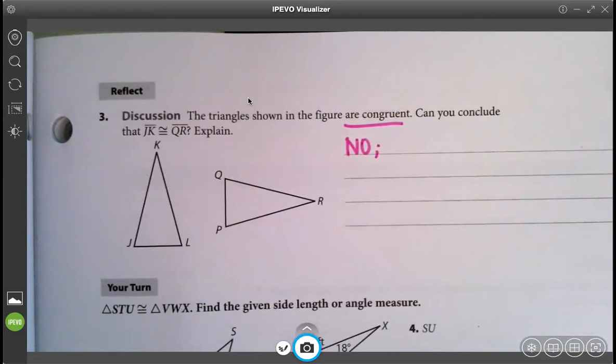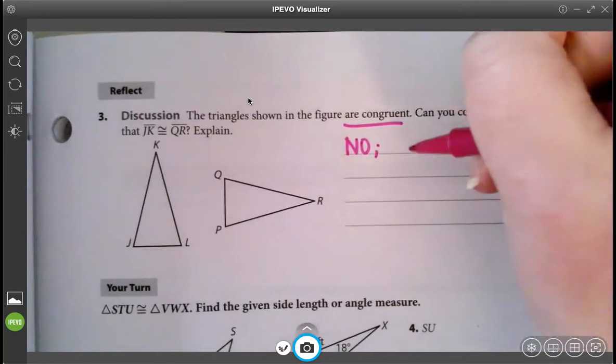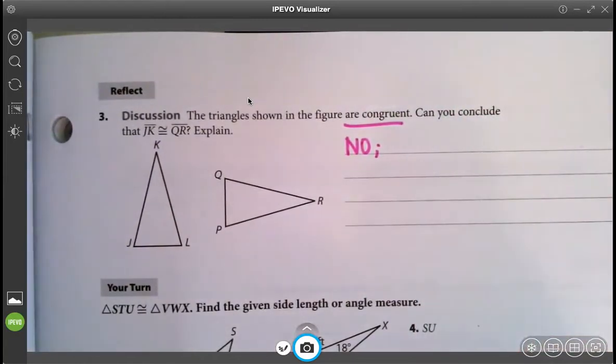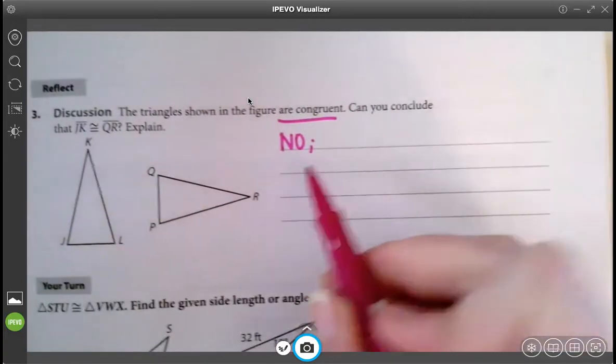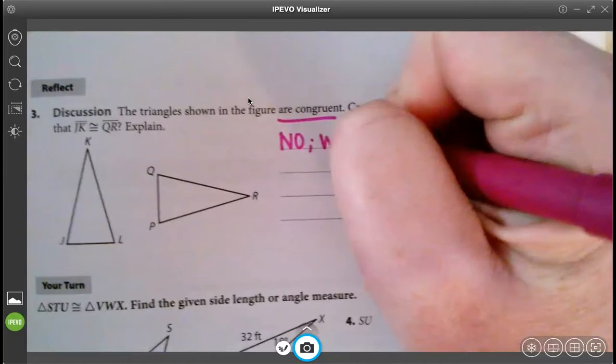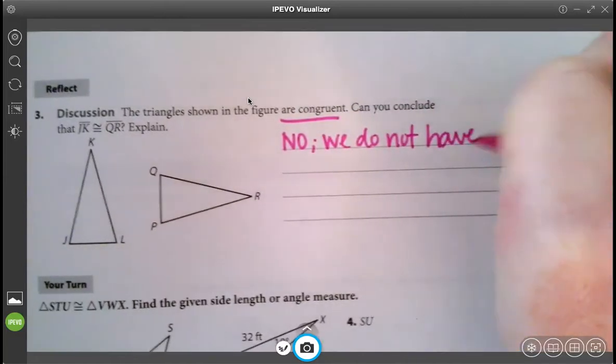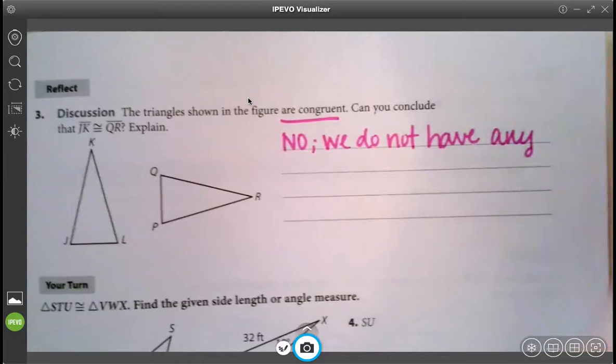A couple of good reasons why. Anybody want to tell me what we need? Angle measures, side measures. Good. So side measures or angle measures, or what kind of statement? Congruent statement. Very good. So we should not assume that because we do not have any measurements.